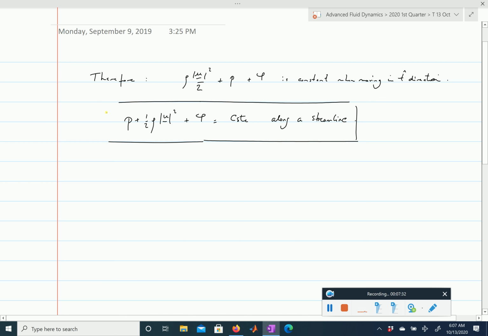You can always make this statement of momentum conservation. Here, this is a statement of momentum conservation because it comes from the momentum equation, that p plus 1/2 rho u squared plus the force potential is equal to a constant along a streamline if you have an incompressible inviscid flow. So if we assume the effect of viscosity to be negligible, if the flow is steady, if the body forces are conservative, and of course if you can follow a streamline.